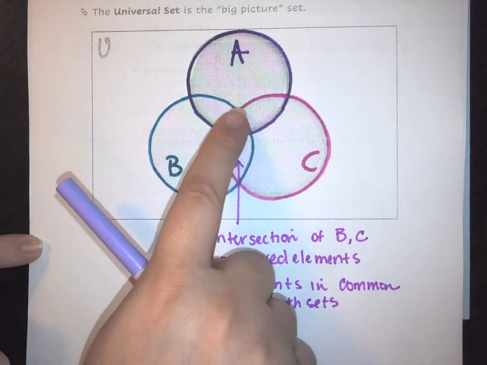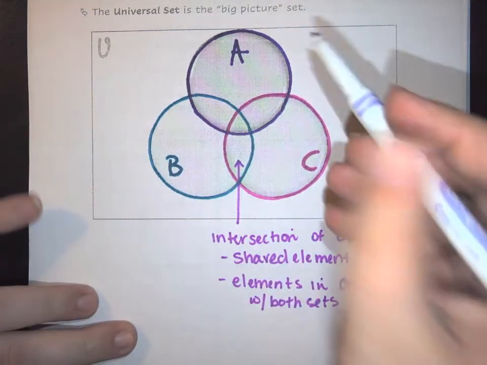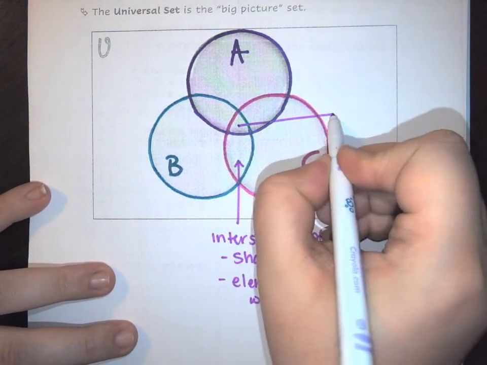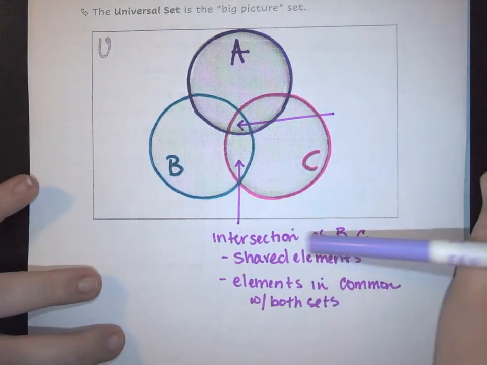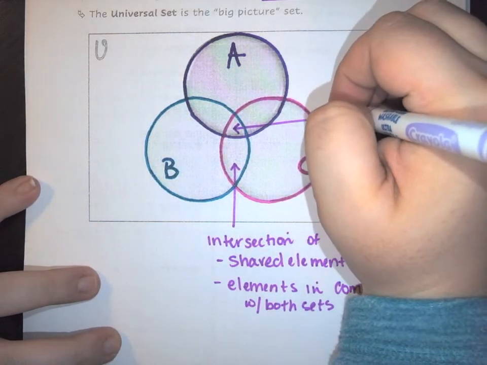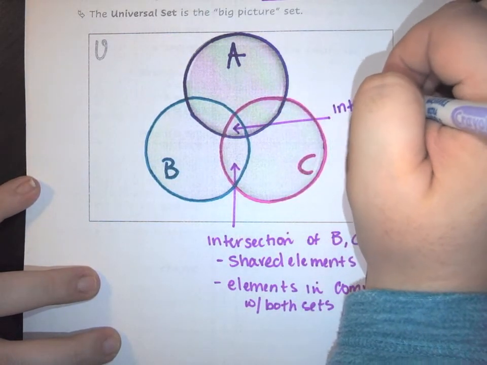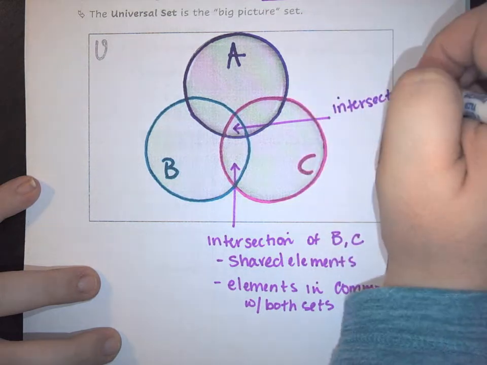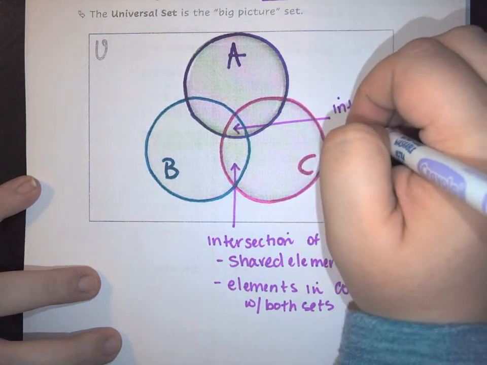Now notice we have this space right here in the center. This space is the intersection of all sets.